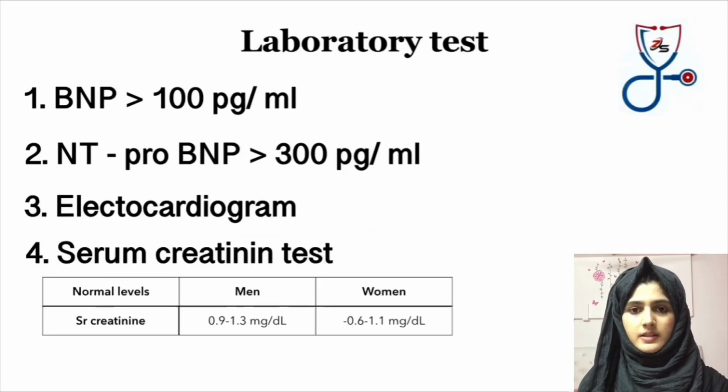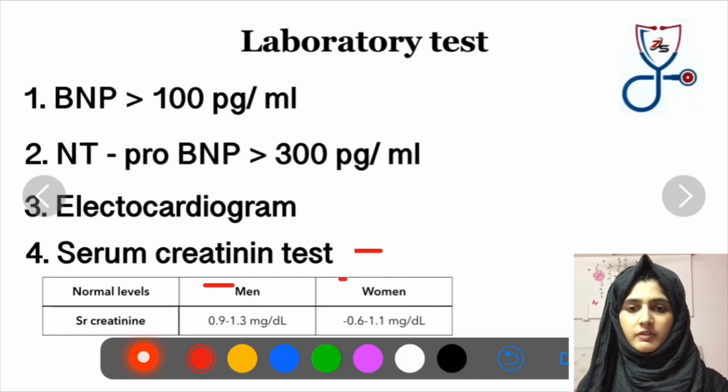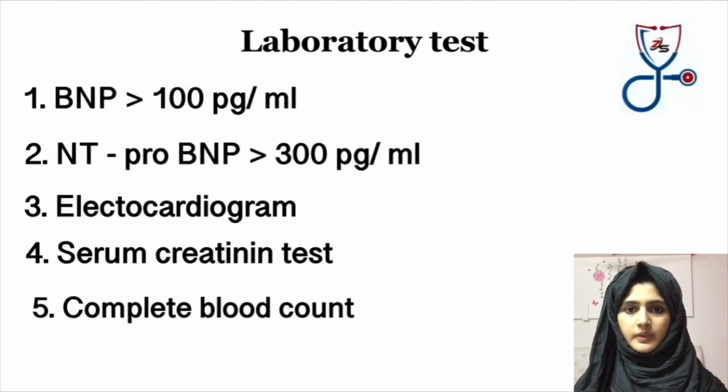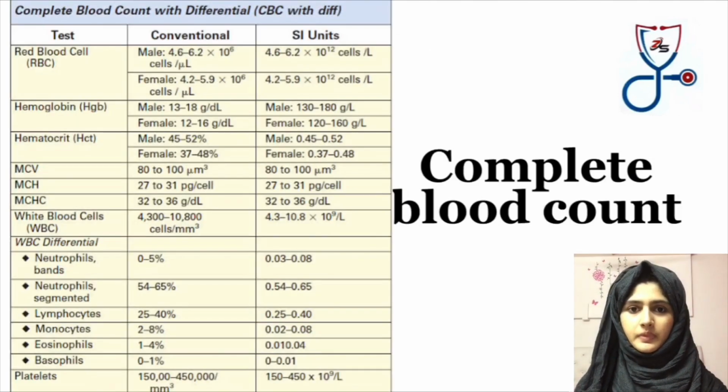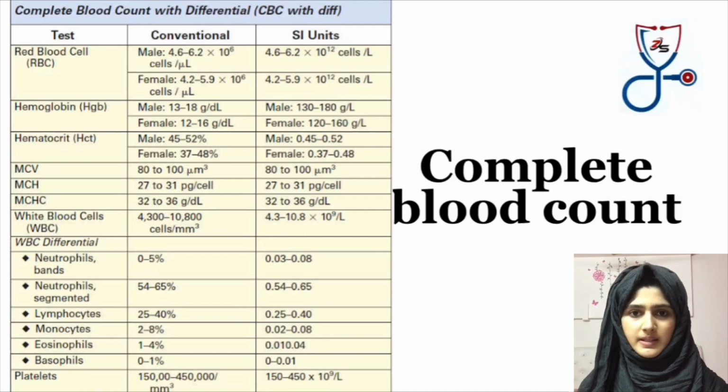Serum creatinine test. It measures the level of creatinine in your blood. It says how well your kidneys are working. These are the values for serum creatinine for men and for women. If the values are more than this, then it may contribute to volume overload. Complete blood count. The values are mentioned here. This helps to identify if the heart failure is due to reduced oxygen carrying capacity.